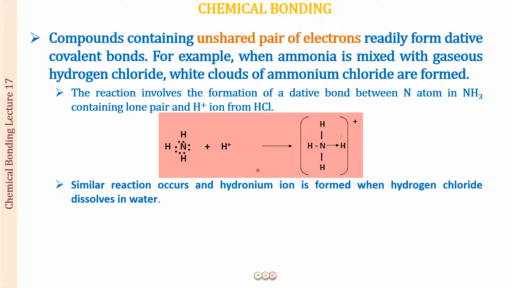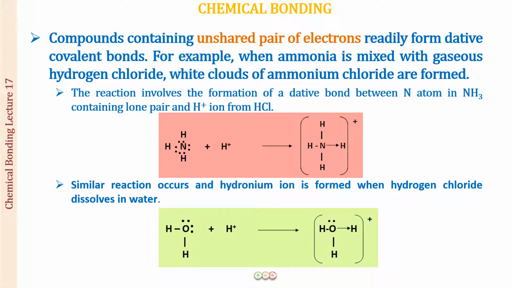A similar reaction occurs and the hydronium ion is formed when HCl dissolves in water. So let us understand that also. When there is HCl plus water, the HCl is going to ionize to form H plus ions and Cl negative ions, right? So this H positive is going to react with water molecules to form the hydronium ion.